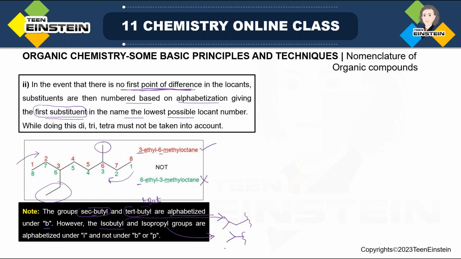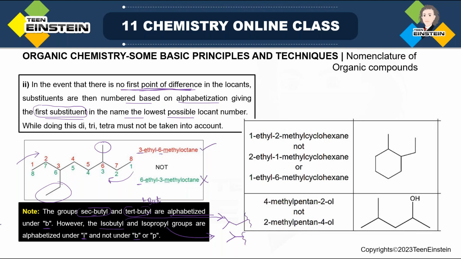So if you are having isobutyl or isopropyl, they are alphabetized under I, not B or P. So here you should not focus on B and P. Whenever you are using isobutyl or isopropyl and you are considering the alphabetical order, you have to focus on I. But for sec butyl, tertiary butyl, you have to focus on B. Fine.